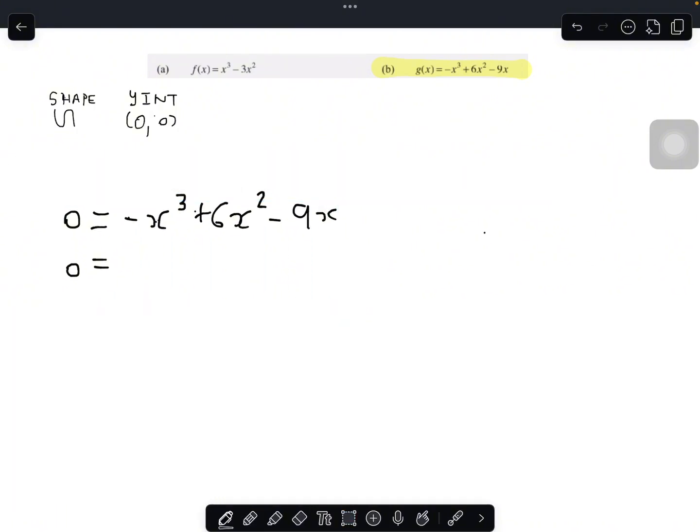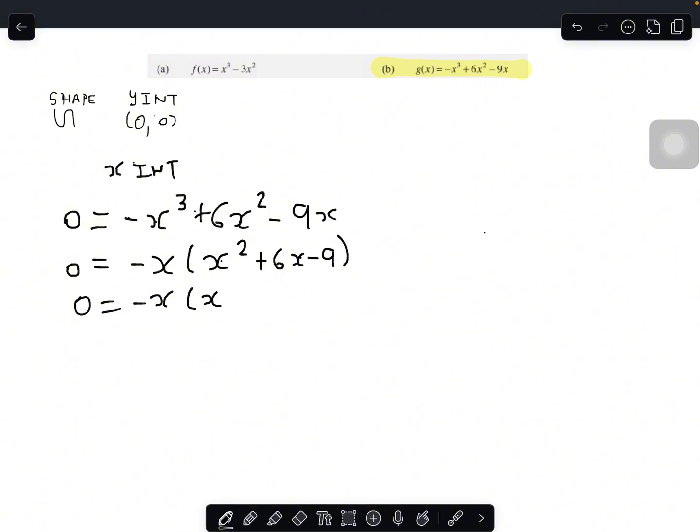So this is my x-intercept. So I can take out negative x as a common factor here, and I'm left with x squared plus 6x minus 9.